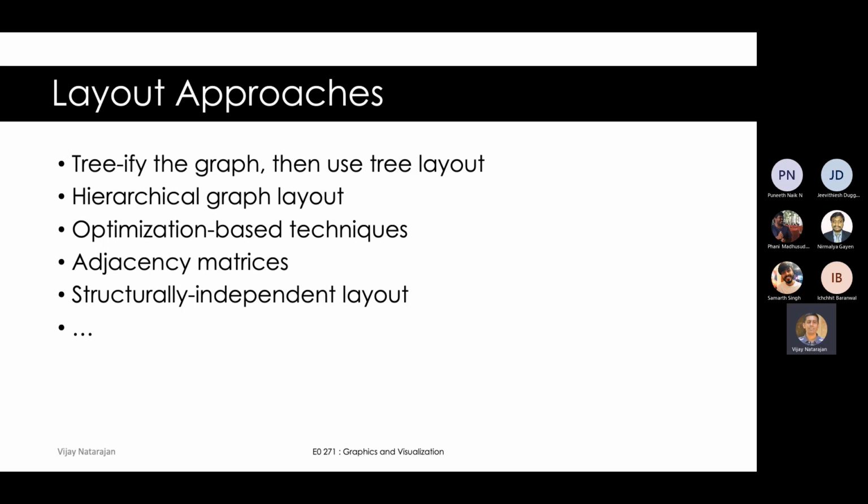In that way, you are converting it into a tree, and then use tree layout techniques. A second approach is if you can just find hierarchy, then you don't necessarily extract a tree from the graph, but you just highlight that hierarchy. Then there are generic optimization-based techniques and a few additional out-of-the-box thinking type techniques that I'll talk about at the end.